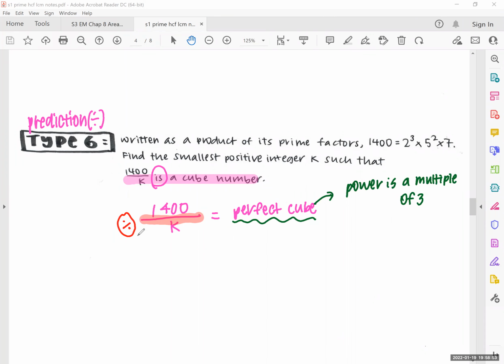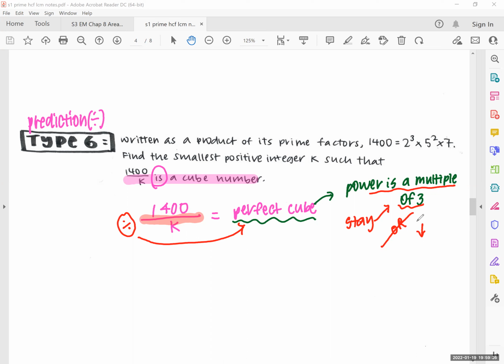So divide sign means it will affect your answer, means your prediction can go 2 ways. It will either stay because it meets the condition that the power is a multiple of 3, or what can it be? Because it's divide, divide means getting bigger or getting smaller? Smaller. So it will go up or go down? Go down. Yes, it will get smaller, go down.